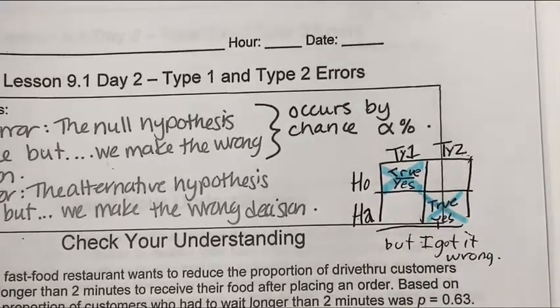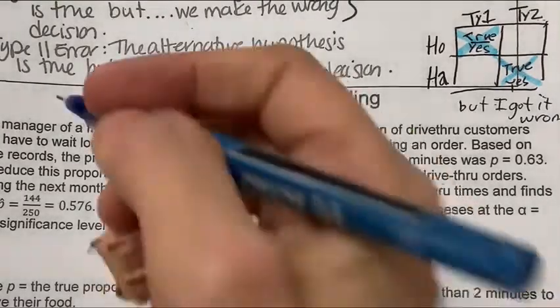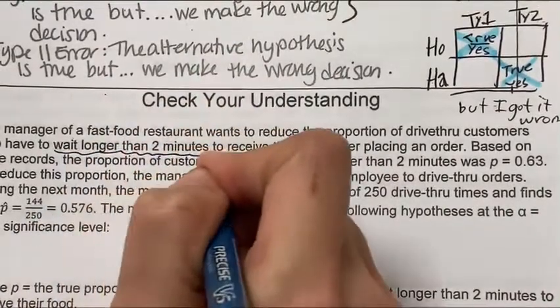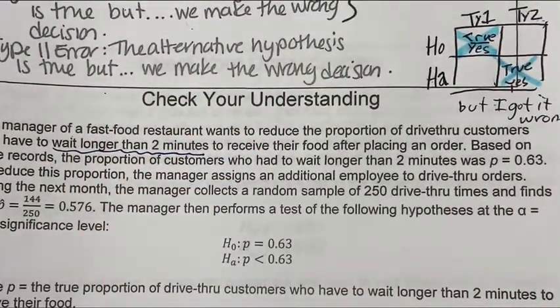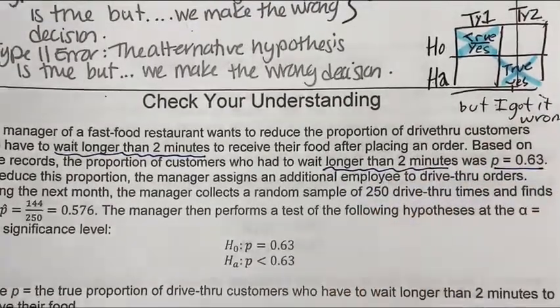Okay, so let's work through our choices here. A manager of a fast food restaurant chain wants to reduce the proportion of drive-through customers who have to wait longer than 2 minutes. Wow, this sounds really useful in the real world. I don't know about you, but I don't like to wait longer than 2 minutes. Based on this store record, the proportion of customers that waited longer than 2 minutes was that.